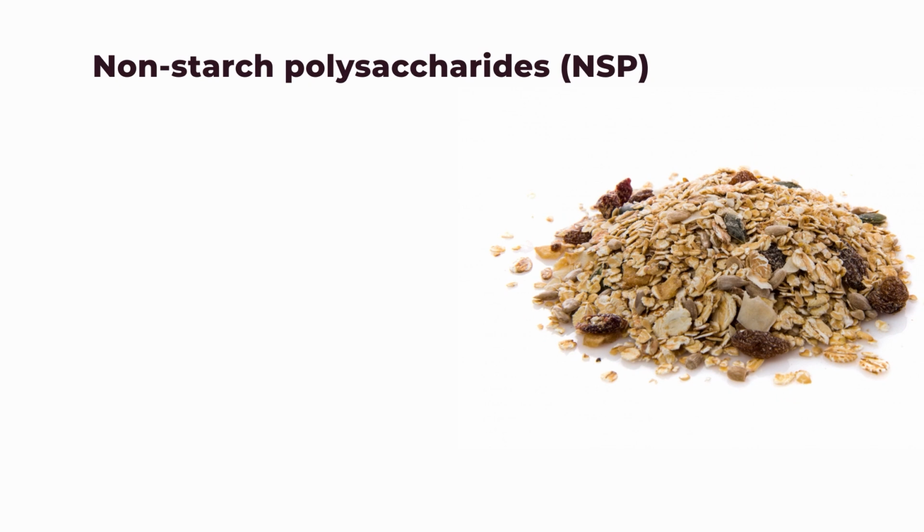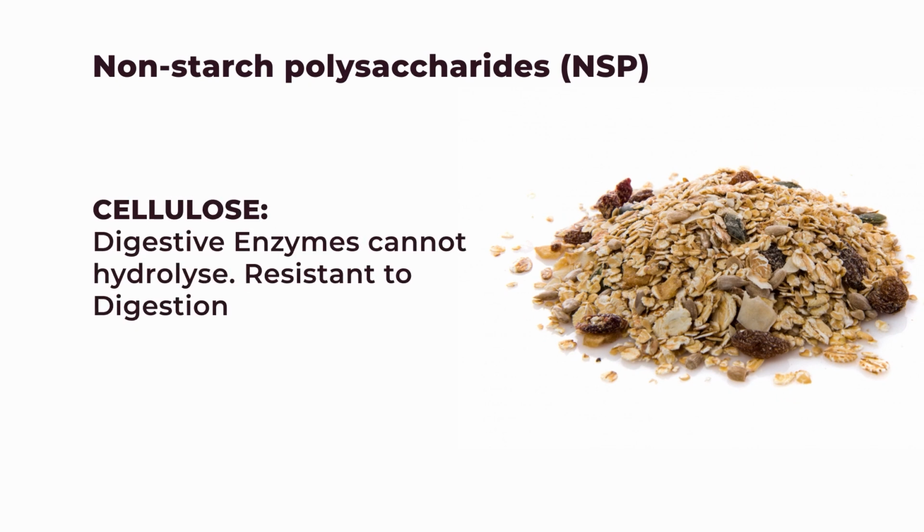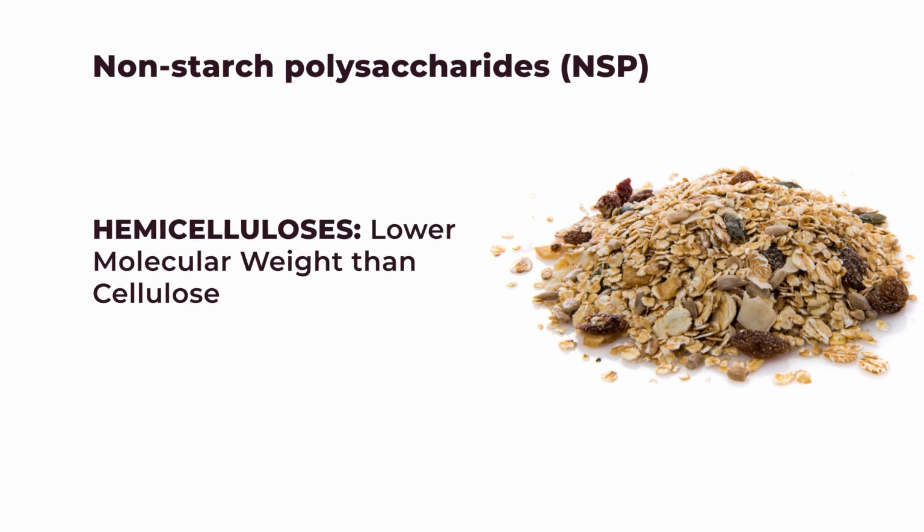Now, we classify polysaccharides as starch and non-starch. Starch, as you have seen, comprises amylose and amylopectin, and non-starch comprises cellulose. The characteristic of cellulose is that our digestive system cannot hydrolyze it; it is resistant to digestion. Hemicelluloses have a lower molecular weight than cellulose.